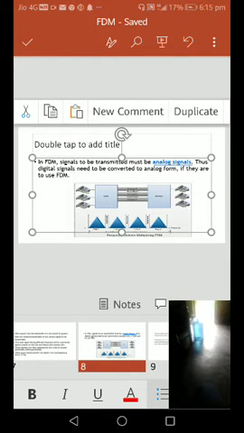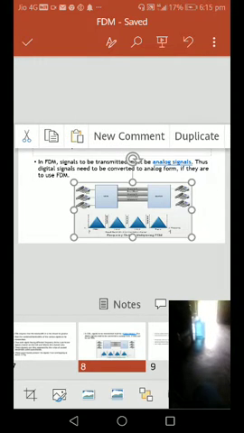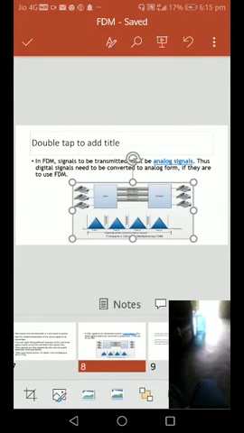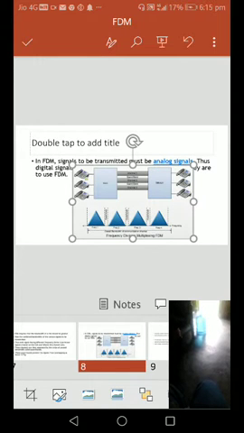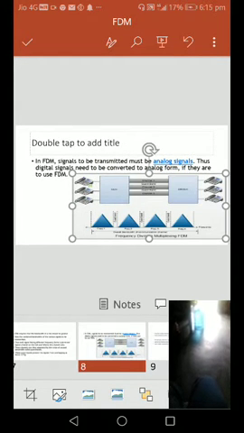FDM is used in telephony systems, which we will discuss later. Now look at the diagram showing the sharing of individual signals.